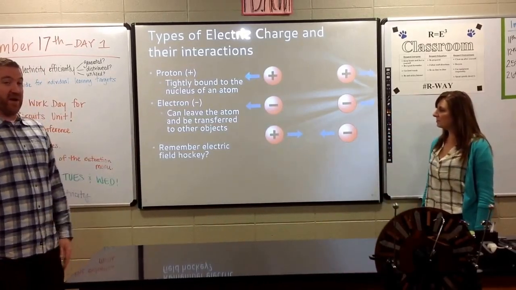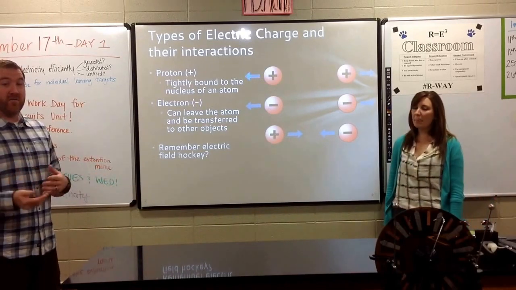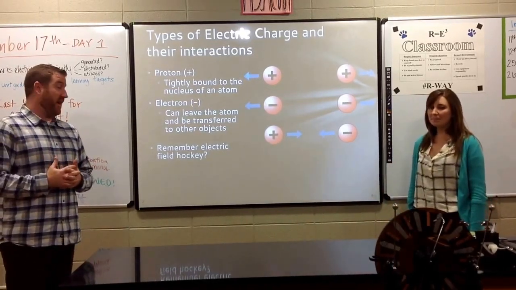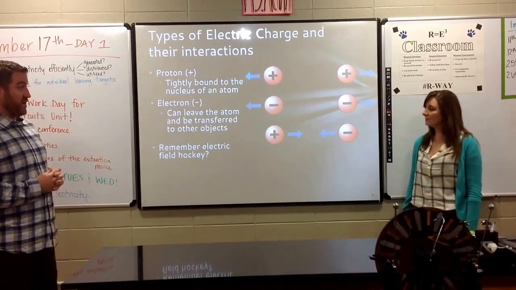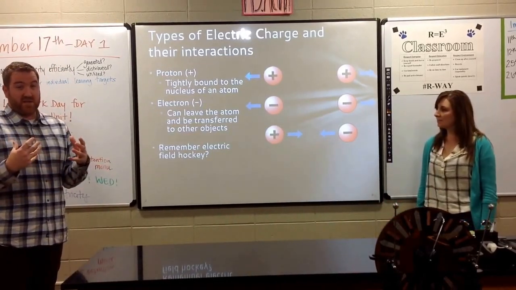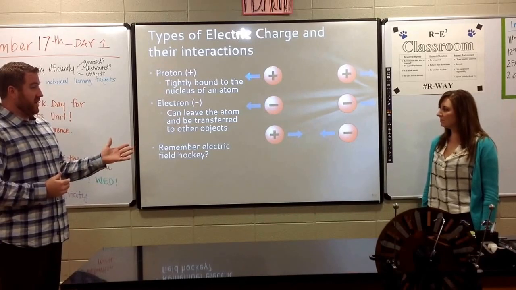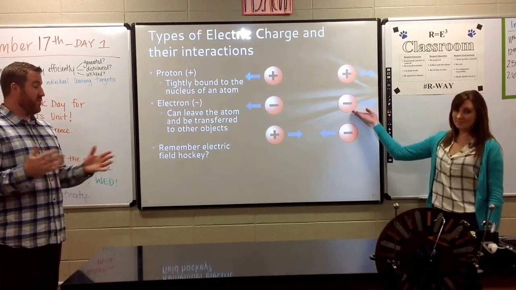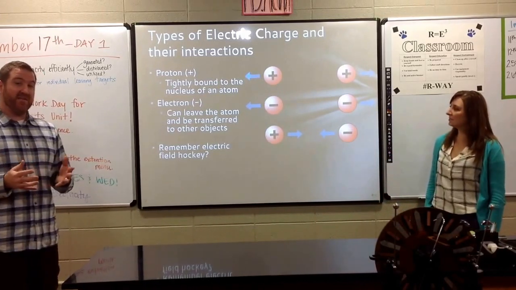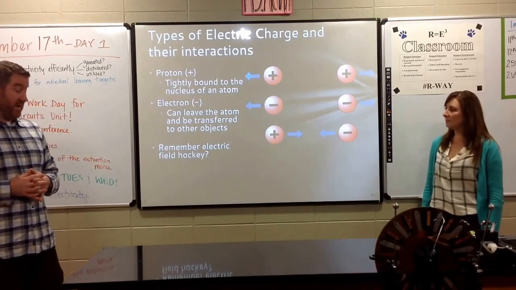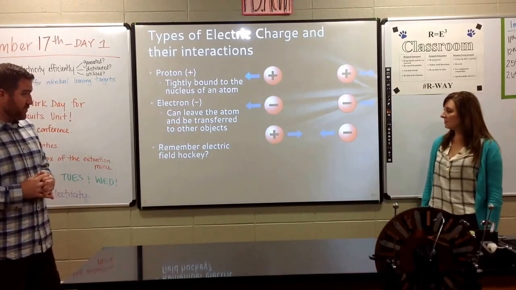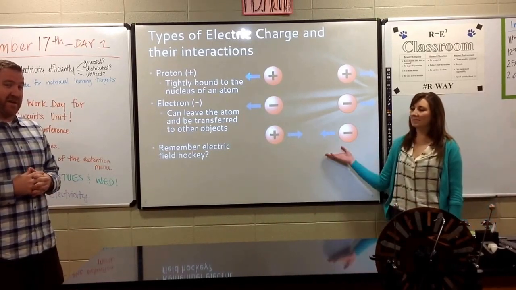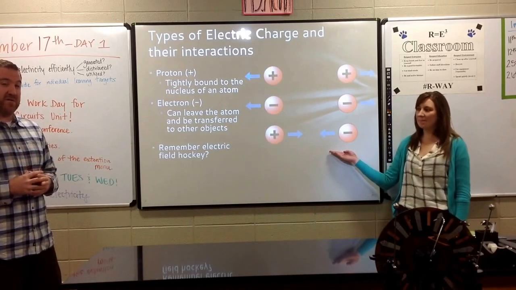Electrons, though, on the other hand, we can transfer these around from one object to another because they are not as tightly bound to that nucleus. And when we do have electrons interact with one another, they tend to repel as well. Just like the positive and positive will move away from each other, the negative and negative will move away as well. Which means your positive and your negative, your opposites here will attract.